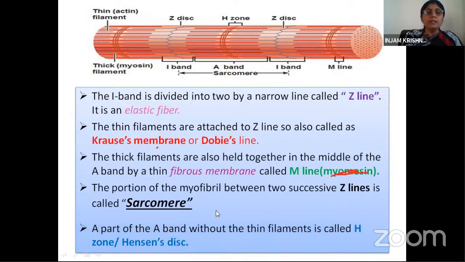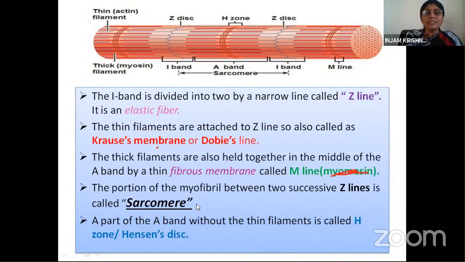Sarcomere is the structural and functional unit of the muscle fiber or muscle tissue. Yes, muscle tissue. The portion of the myofibril between two successive Z lines is called a sarcomere. It is the structural functional unit of the muscle tissue. This part here, this is the Z line. See the arrow mark.